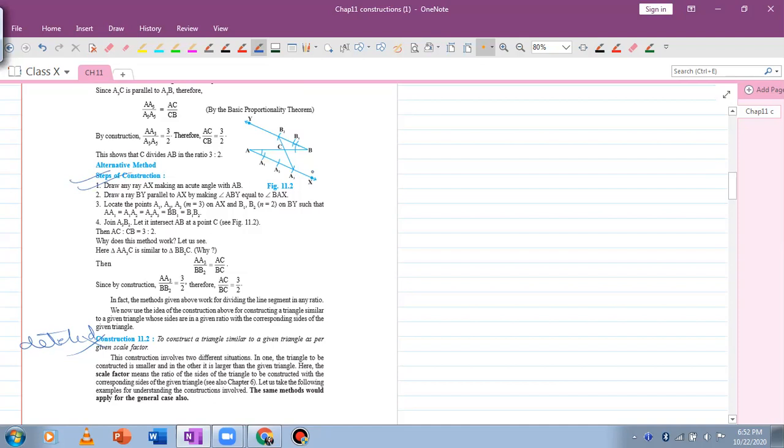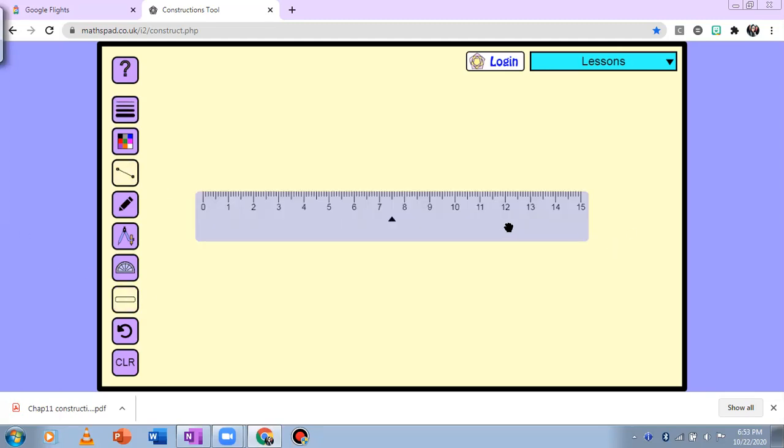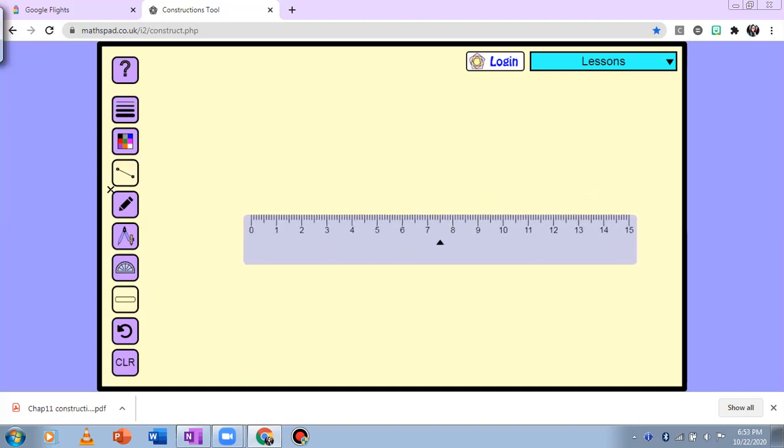I will be doing the first question from the exercise, and side by side I'll explain how to do that. The first thing we want to do is start with the line segment of the given length. I'll be using my ruler. I need a line segment of length 7.6.